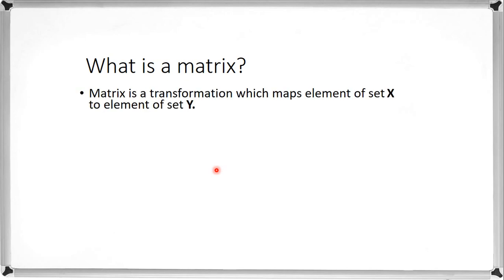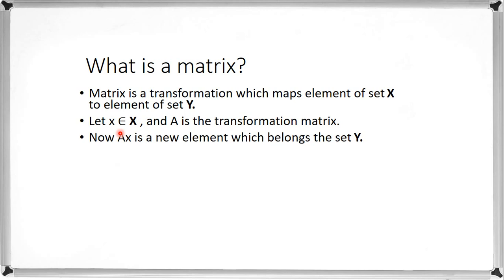A matrix is a transformation which maps element of set X to the element of set Y. Suppose we have an element in set X denoted as small x, and the transformation matrix is A. Then if we multiply the element x with transformation matrix, we get a new element Ax which belongs to a different set. Let's call it a set Y.